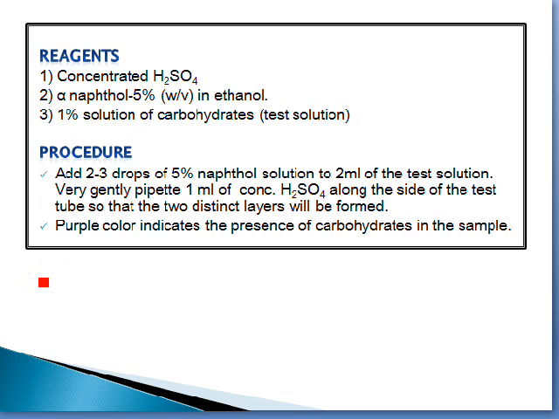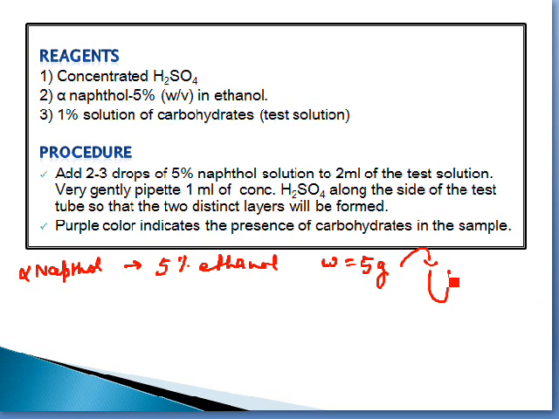As we know, alpha naphthol is an organic compound. So for this we have to prepare 5% alpha naphthol in ethanol. Therefore, we weigh 5 gram of alpha naphthol and dissolve in 100 ml of ethanol.